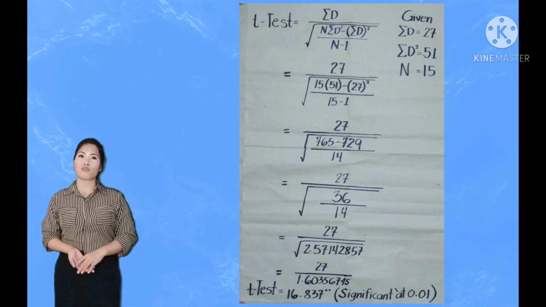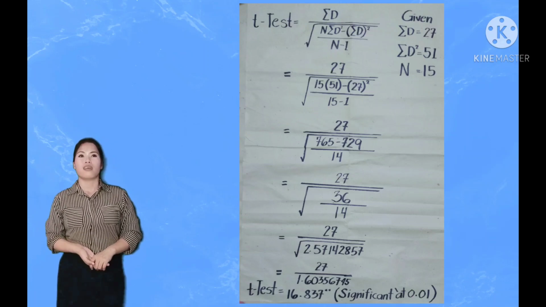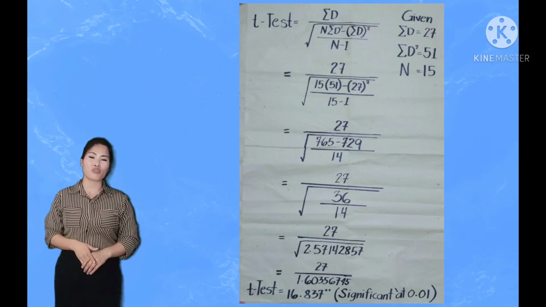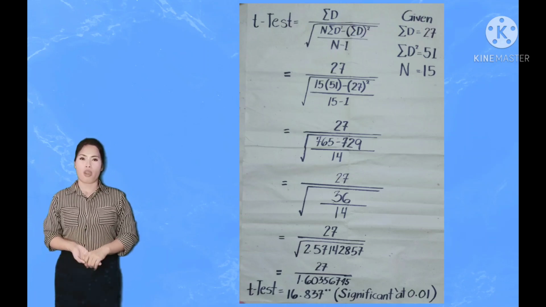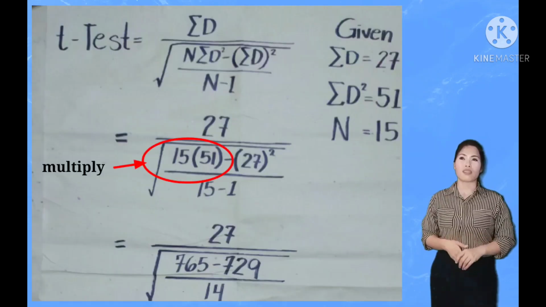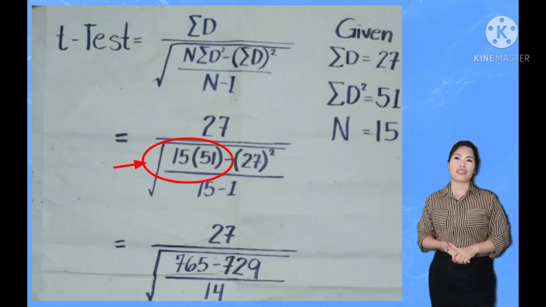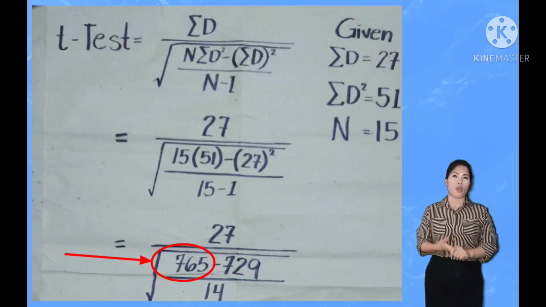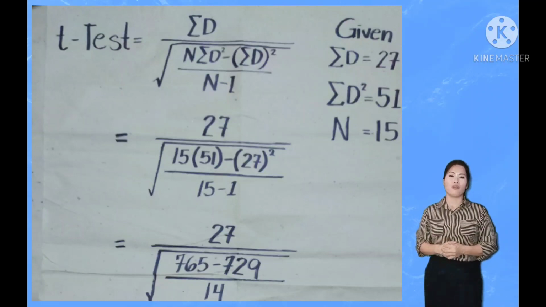First we're going to solve the square root of n times the summation of D squared minus the summation of D, squared. So 15 times 51 is equal to 765. So we put 765 here, and then minus 27 squared.